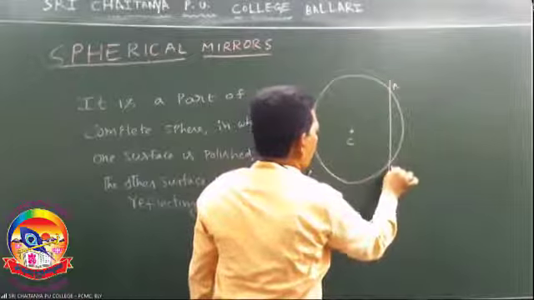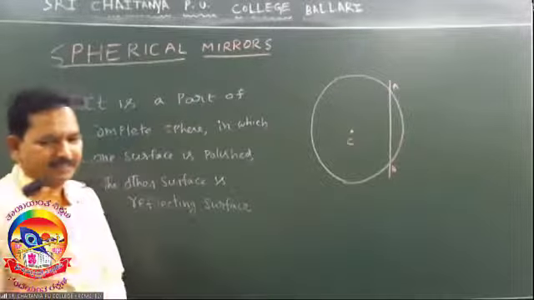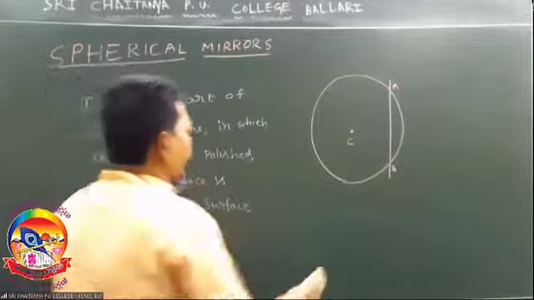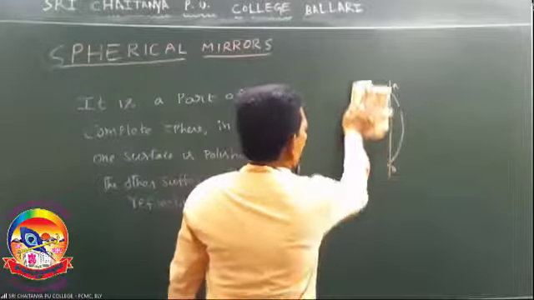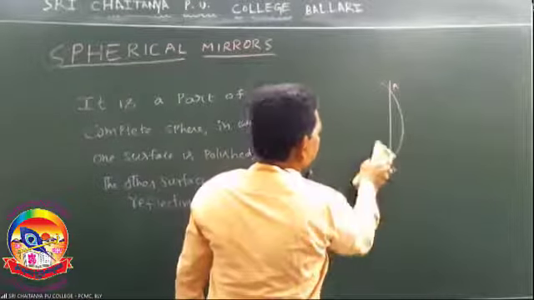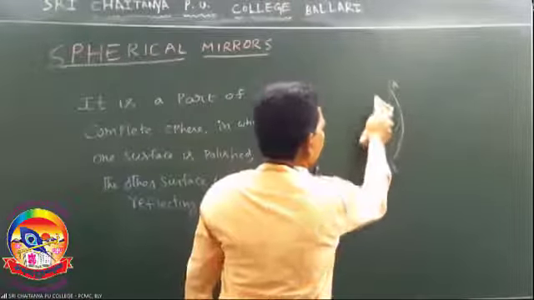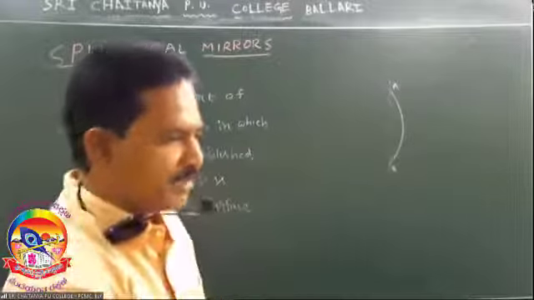In that small portion of the sphere, one surface is polished and the other surface is a reflecting surface.